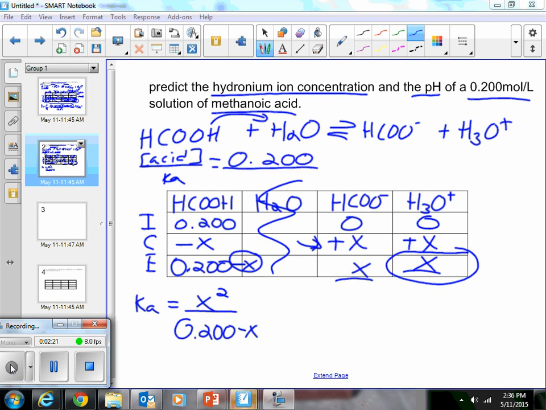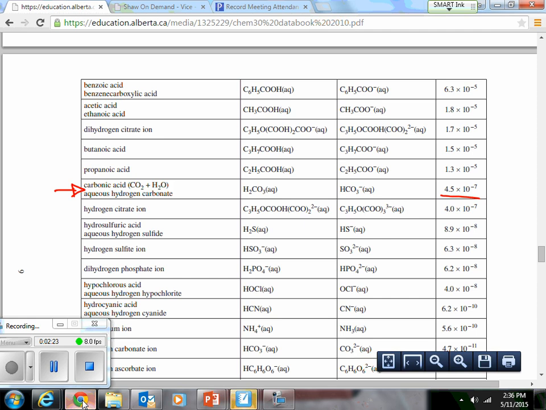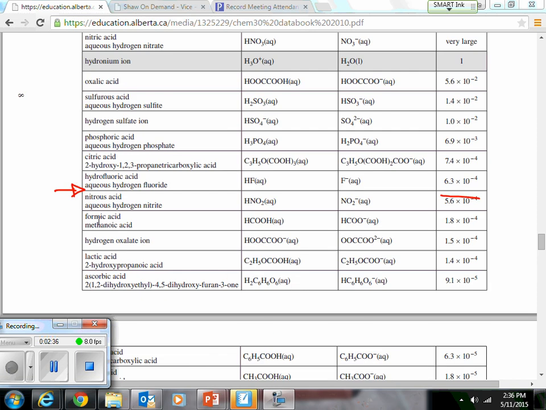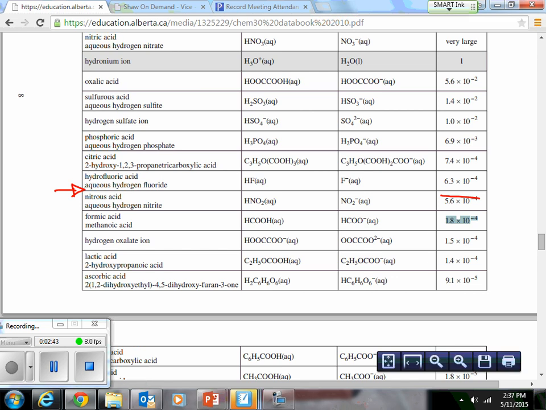And the Ka value for methanoic acid, so if we refer to our data book, methanoic acid, also known as formic acid, has a Ka value of 1.8 times 10 to the minus 4.